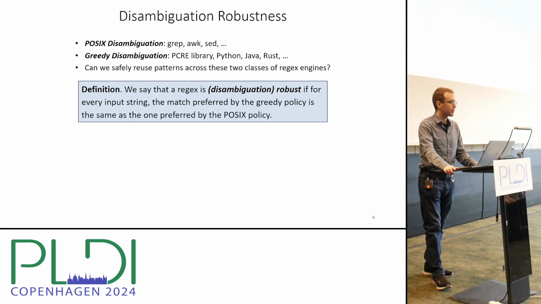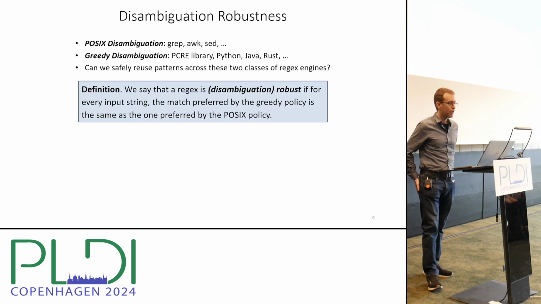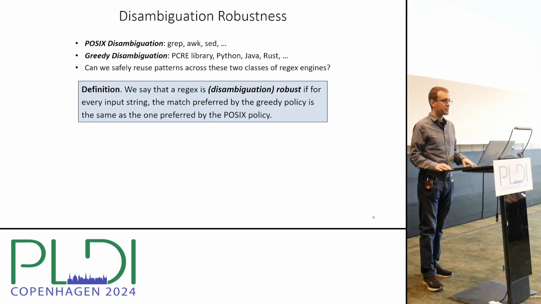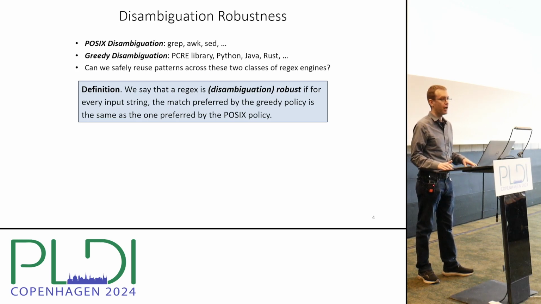We will say that a regular expression is disambiguation robust, or just robust for brevity, if for every input string, the match that is preferred according to the POSIX policy is exactly the same as the match that is preferred according to the greedy policy.